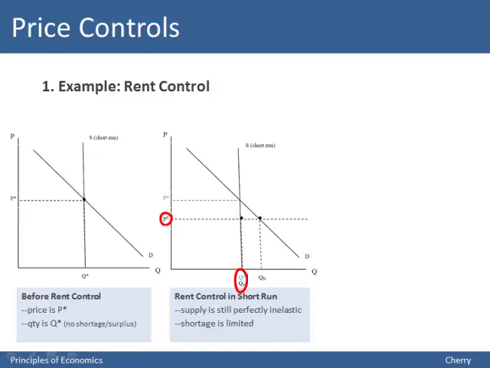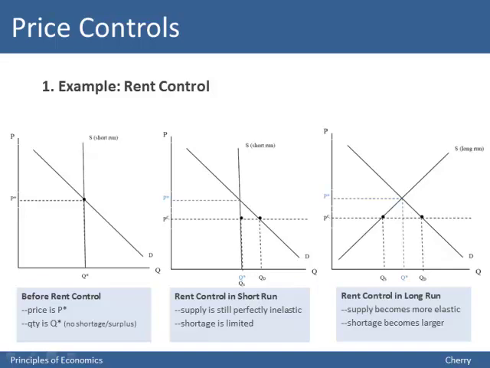But the quantity demanded is going to change. You can see that it creates a shortage where quantity demanded is greater than quantity supplied, but it's not as great as it would be if the supply curve was not perfectly inelastic.